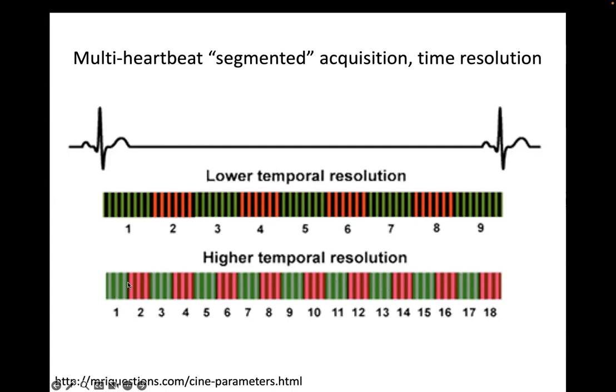But when I reconstruct, I have higher temporal resolution because it only represents this time window here. So there's a trade-off. If I have to do this in 4 heartbeats, maybe I do a very large window and just make fewer frames in my movie. But if the patient can really hold their breath for a long time, say 32 heartbeats, maybe I can do like 3 here and I get 96 total phase encoding pulses per time frame.